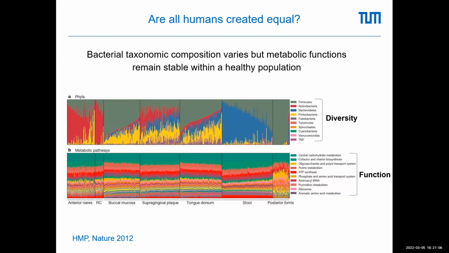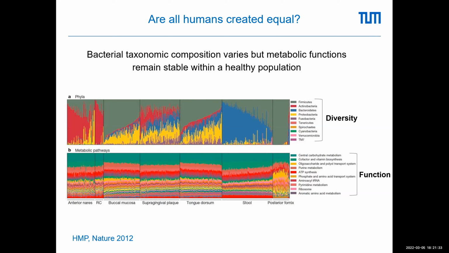Of course, we were all keen on studying the microbiome composition in disease, but to be able to understand the relevance of microbiome in disease, we need first to define what a healthy microbiome looks like. And so we would be able to quantify the changes which happen in disease, right?